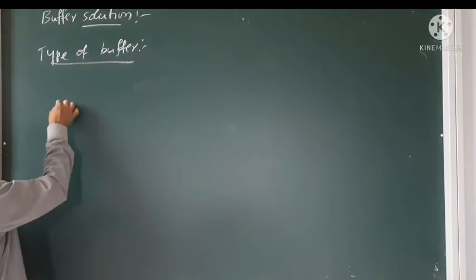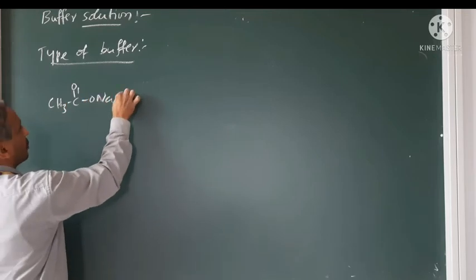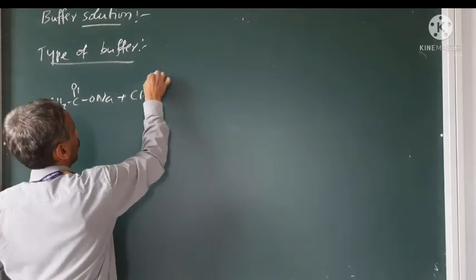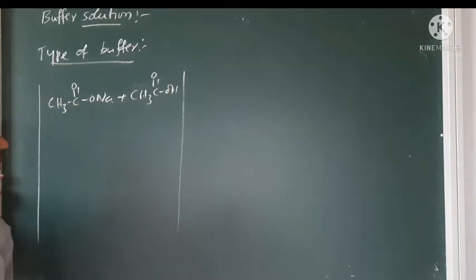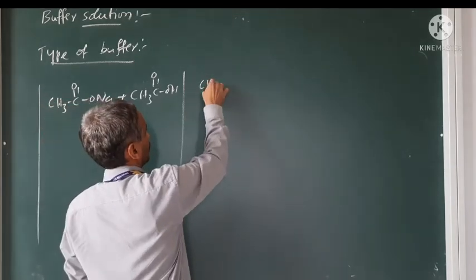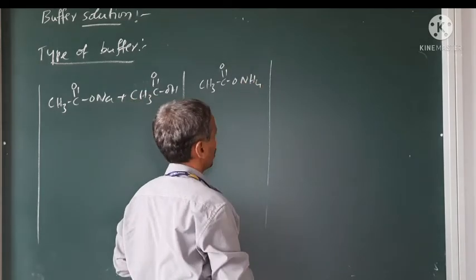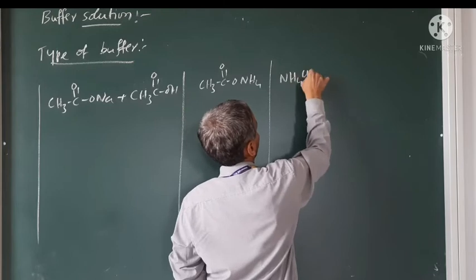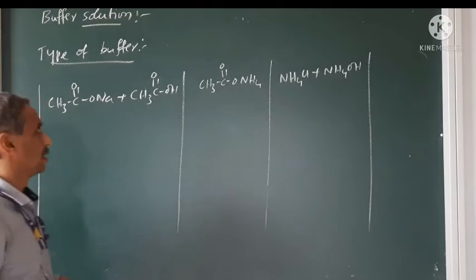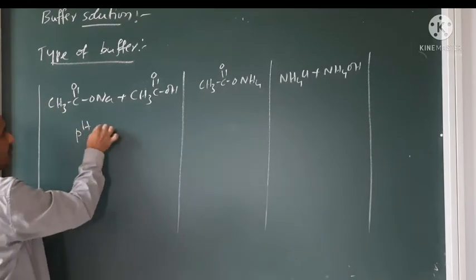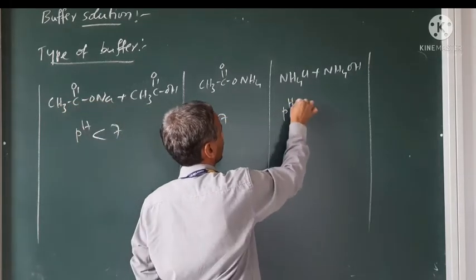Now take this example. CH3COONa plus CH3COOH, this is a buffer solution. Then CH3COONH4, and here ammonium chloride, ammonium hydroxide. And if you see, the pH is less than 7, equal to 7, greater than 7.